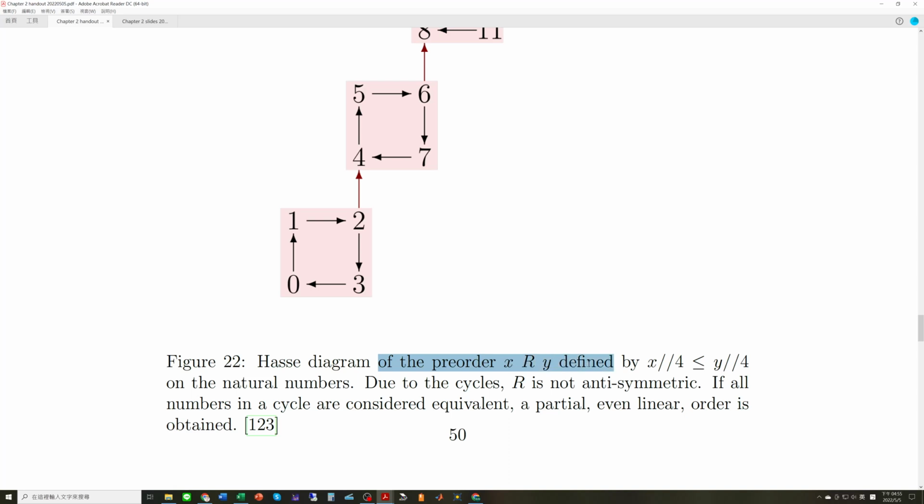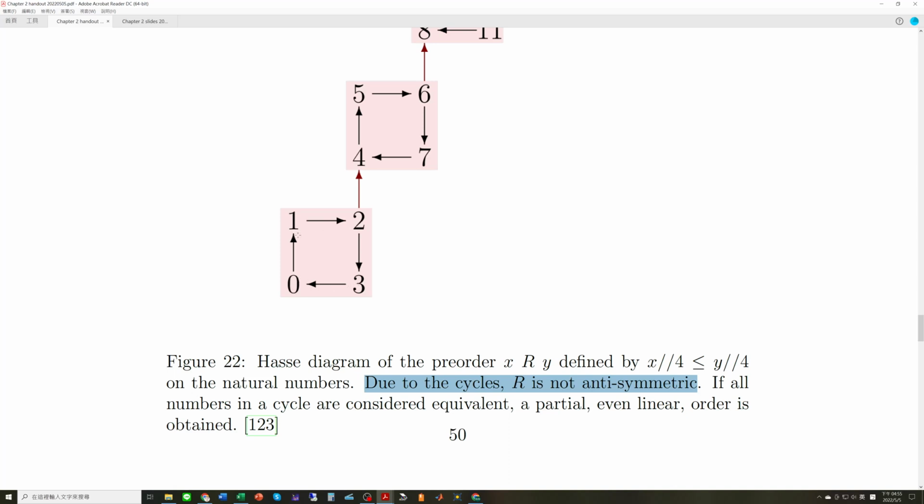x R y defined by x double slash 4 is smaller than or equal to y double slash 4 on the real numbers. Okay, due to the cycles, R is not anti-symmetric. Okay, let us see. Okay, 0, 1, 2, 3, and back to 0.